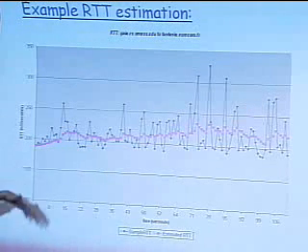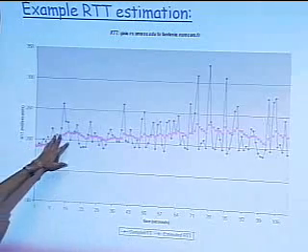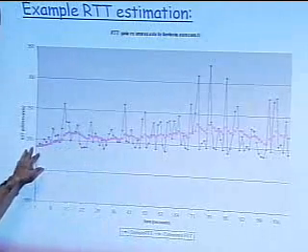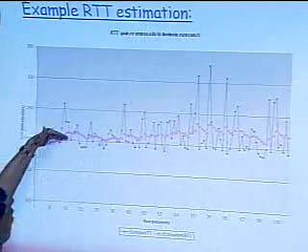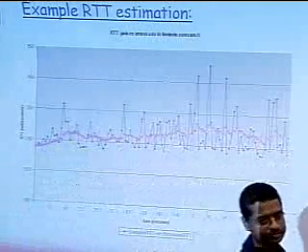So the sample round trip time is going to fluctuate a lot, and the purple curve is the estimated round trip time computed using the exponential weighted moving average. So that's going to be smooth. It's a smooth average tracking the variations.